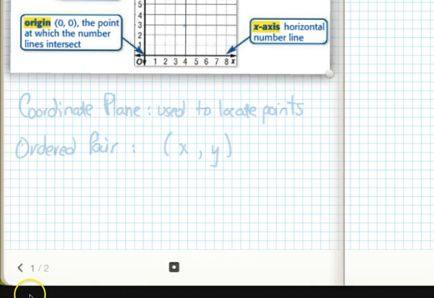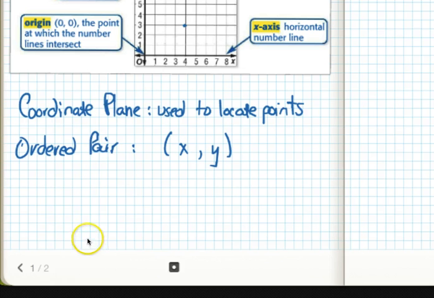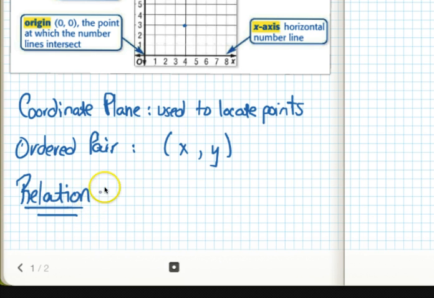Ordered pairs can be organized as a set of numbers within brackets, or they can be organized within tables. When you have more than one set of ordered pairs that you are graphing, they are referred to as a relation. So this might be new vocabulary for you. Let's make sure we get that down. Basically, it is a set of ordered pairs that go together for one reason or another.